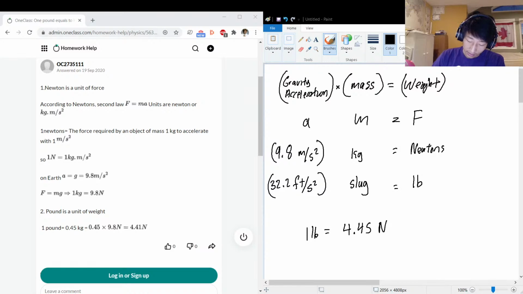So pound mass, 1 lb, I'll do a subscript F for pound force, is that many newtons. 1 pound mass is a similar number, but in terms of kilograms. So it's 4.5359 kilogram.